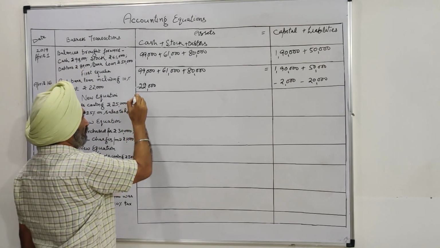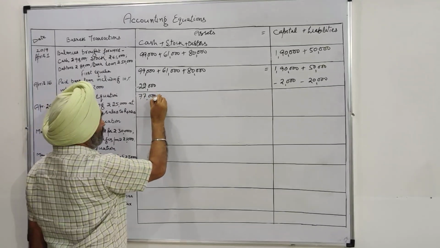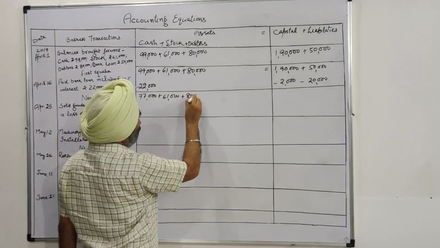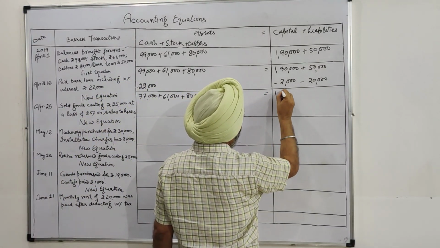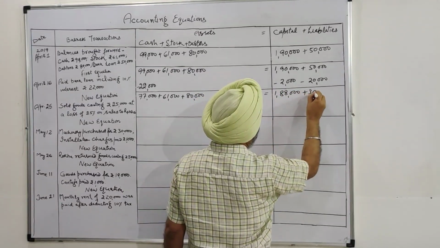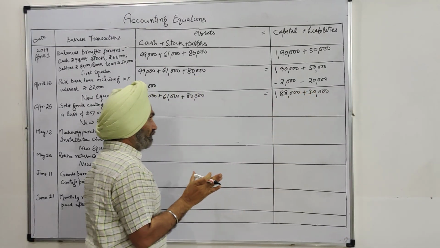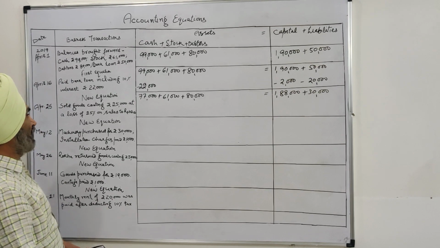So the new equation will be 77,000 cash, 61,000 stock, and 80,000 debtors, and on the other side 1,88,000 as capital and 30,000 as liability. So 2,18,000 on this side and 2,18,000 on this side.